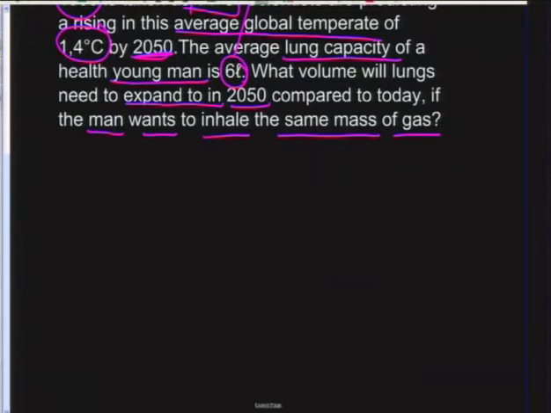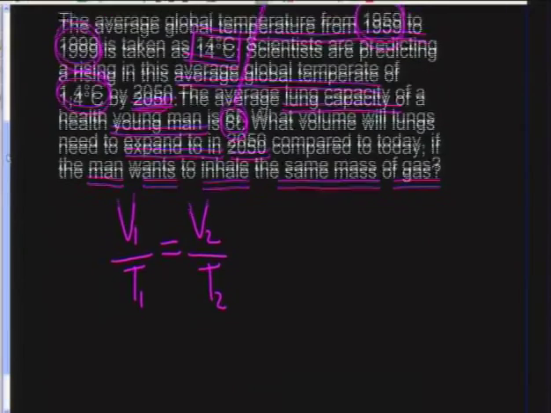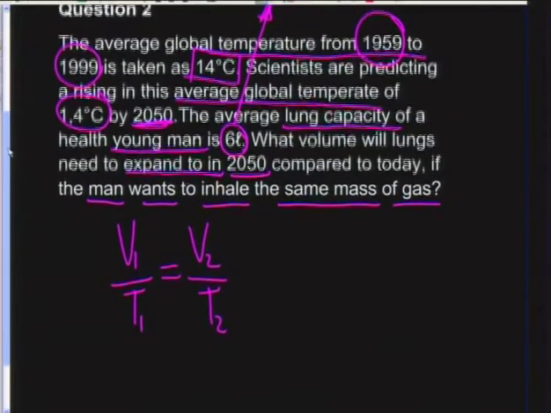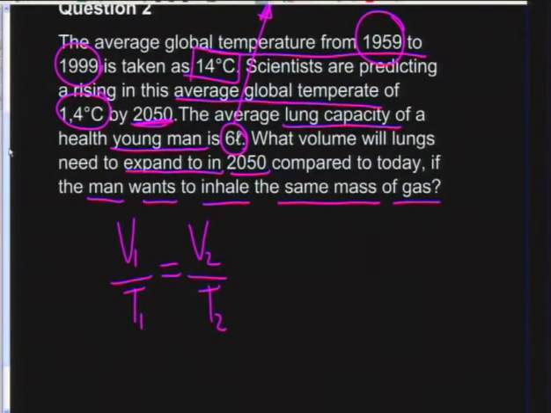So we can say from Charles's law that volume 1 over temperature 1 would be equal to volume 2 over temperature 2. All right? Now, what is volume 1? Or we can look at what is given to us in the question here.